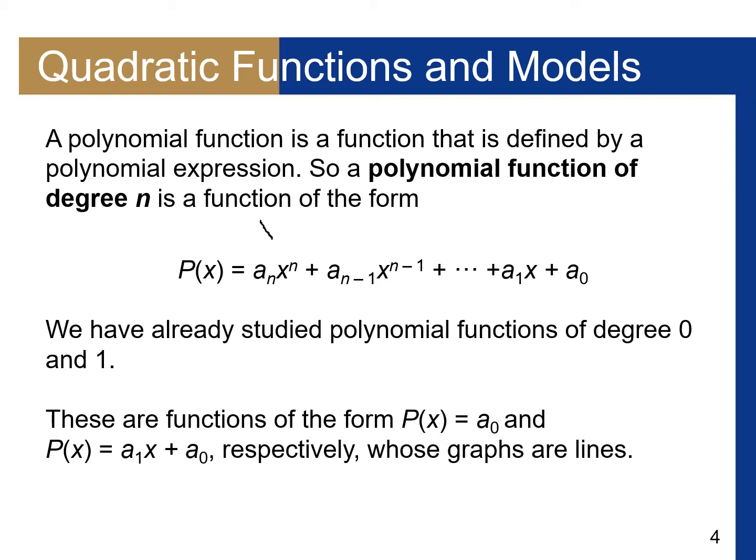It could look like x squared plus 1. And if it was plus 1, it would be plus 0x plus 1 if you looked at this form. Any polynomial. So how do you know it's a polynomial? There's no fraction exponents, and it's not a rational expression, meaning that it does not look like a fraction.